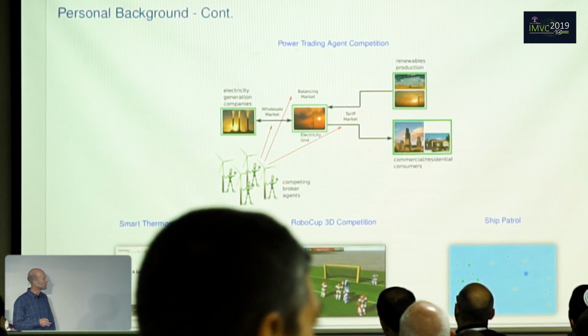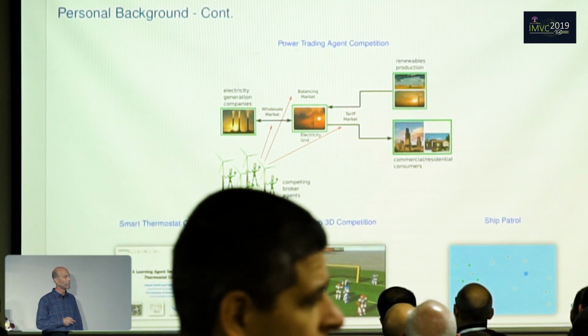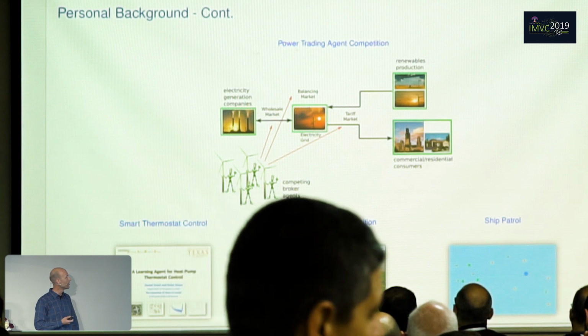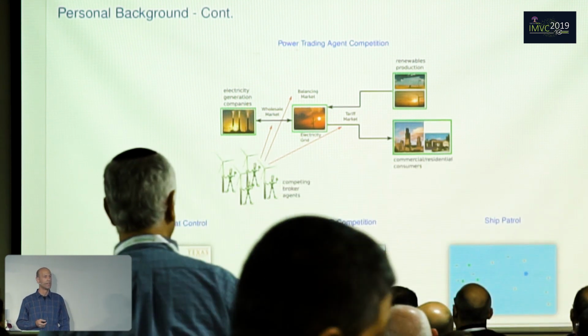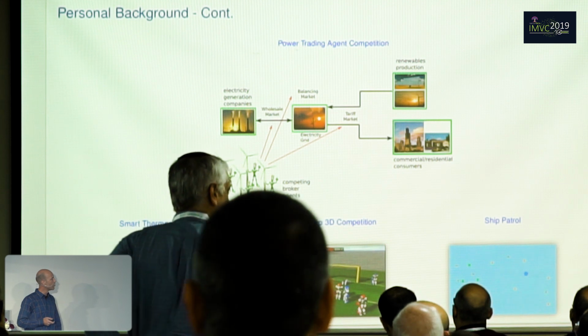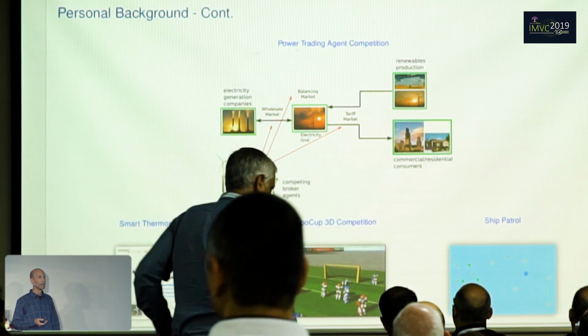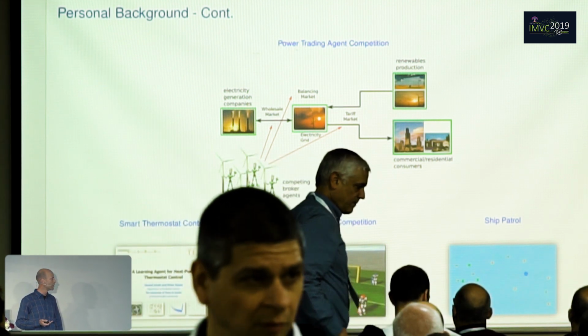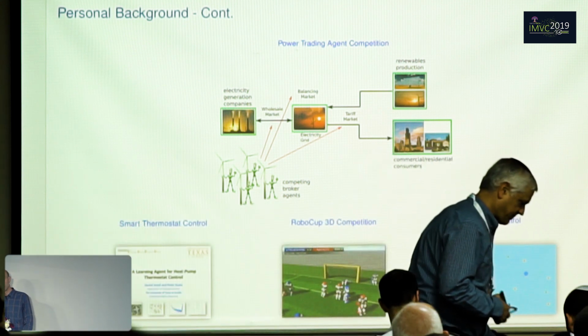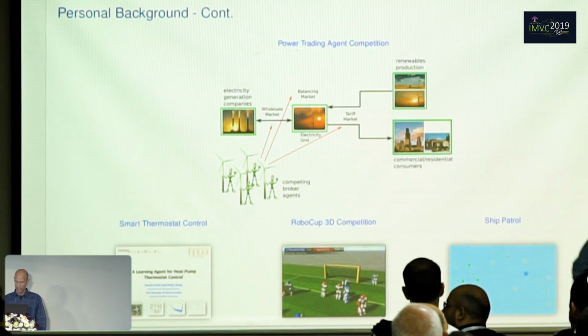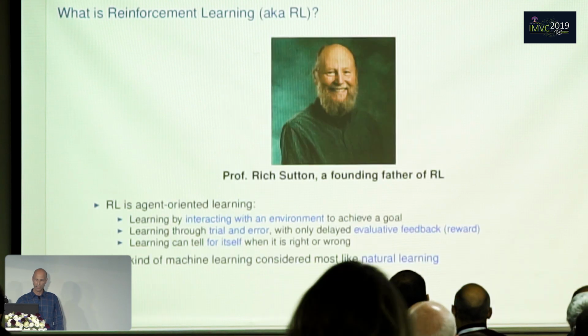My dissertation, for example, focused on autonomous trading agents that trade energy for the benefit of a smart electricity grid. Additional projects included applying reinforcement learning to control a smart thermostat to save energy, applying reinforcement learning for 3D simulated robotic soccer and autonomous ship navigation.